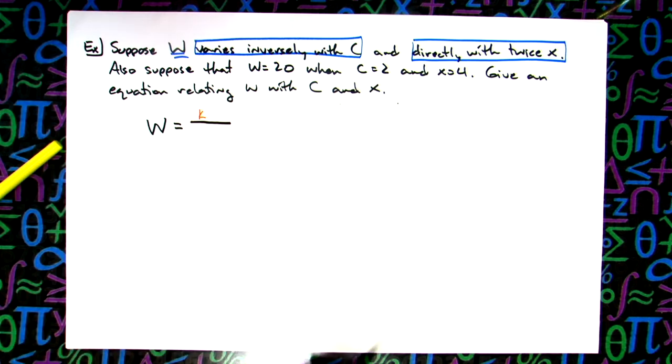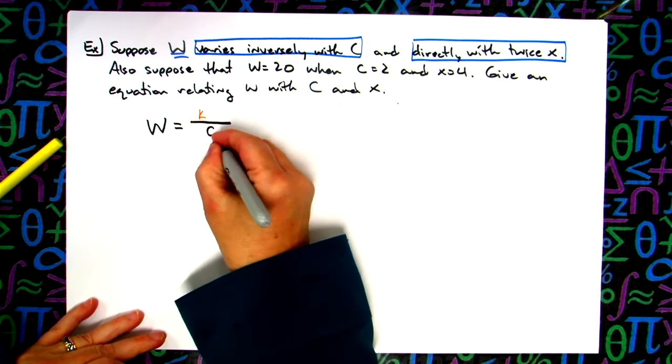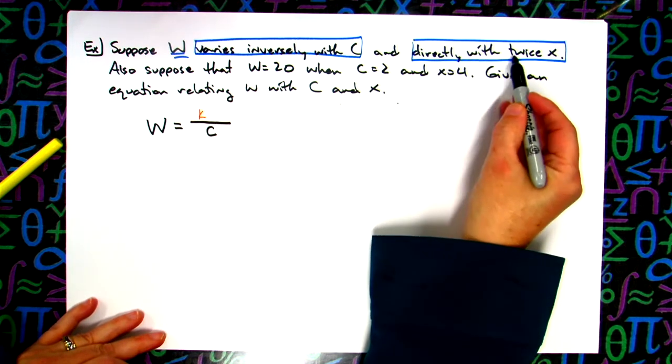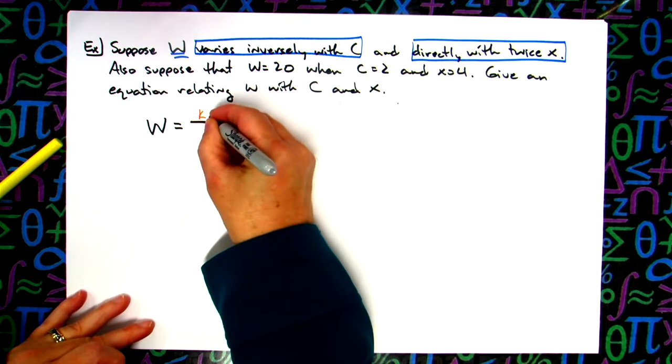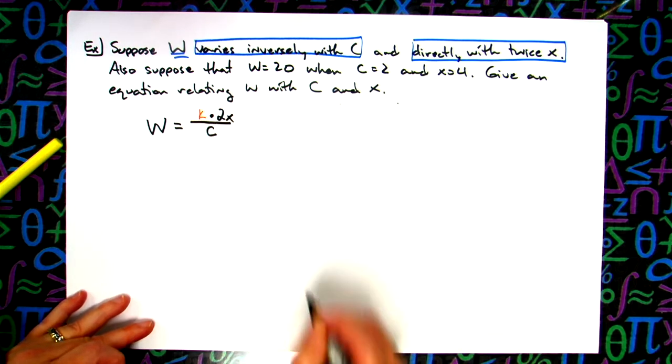If it is directly, it goes on top. If it's inversely, it goes on the bottom. So I'm going to have C on the bottom, and directly with twice X means 2 times X, so I'll have a 2x on top.